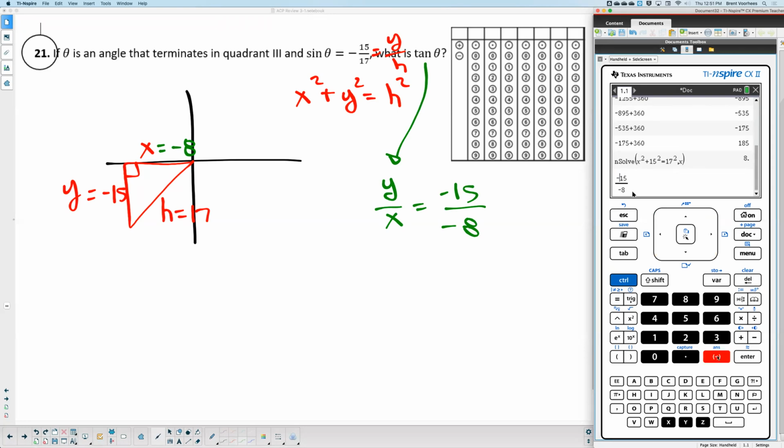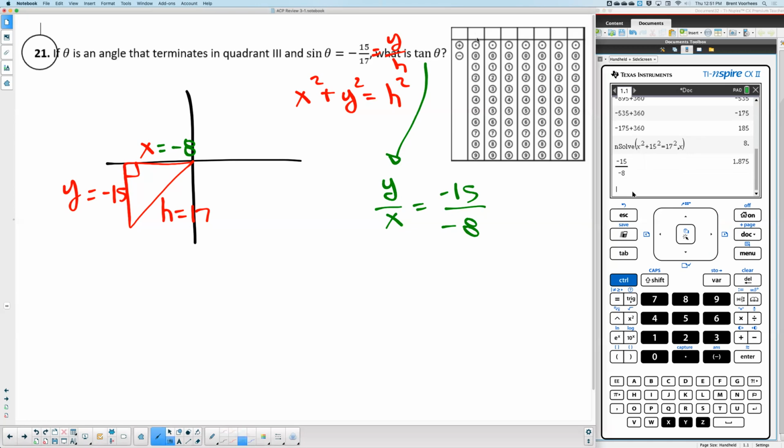The way to make it show you a decimal right away. You don't have to, I just did it for the sake of the video, to make it as simple as possible. 1.875, that would be your answer.